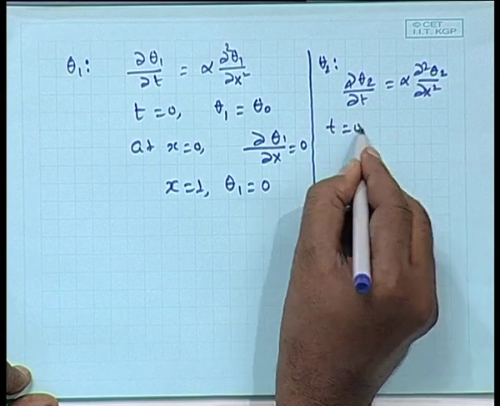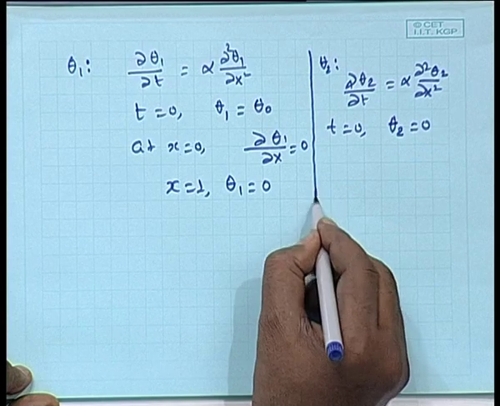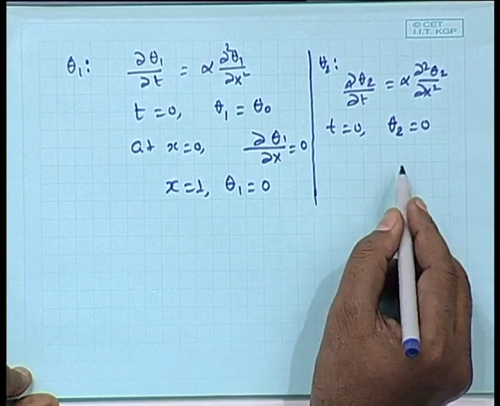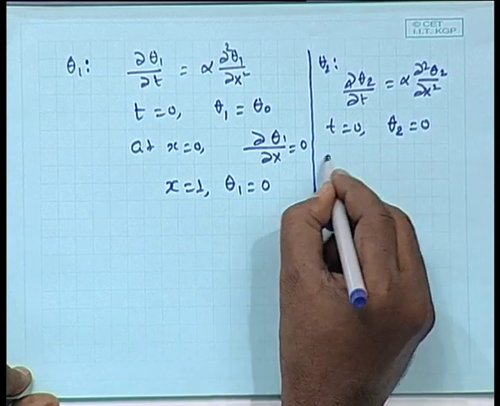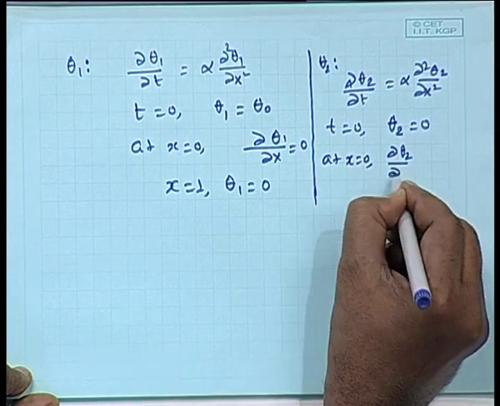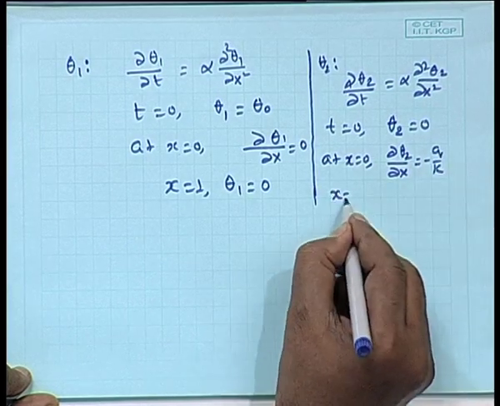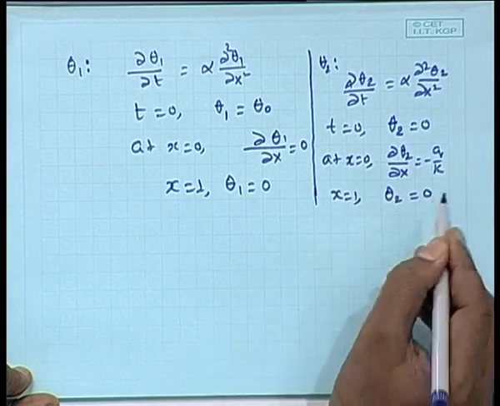At t equal to 0, we make theta 2 equal to 0, and we will be keeping the non-homogeneity in the boundary condition intact. At x equal to 0, del theta 2 del x is minus q by k, and at x equal to 1, theta 2 is equal to 0.